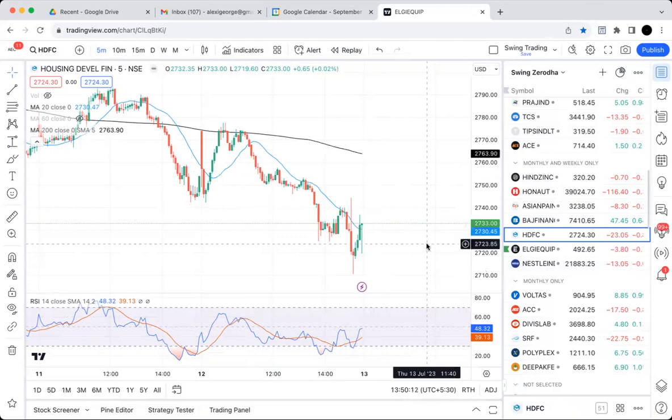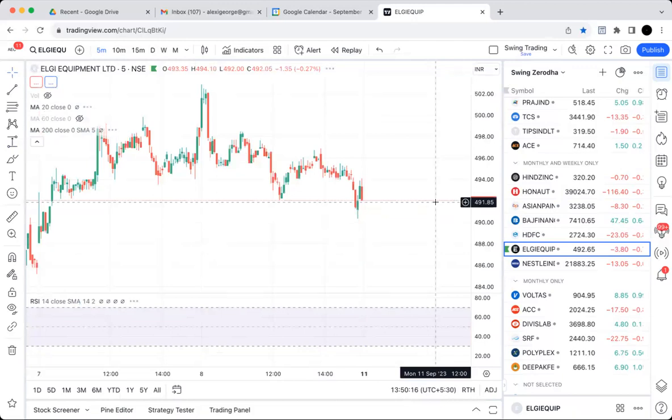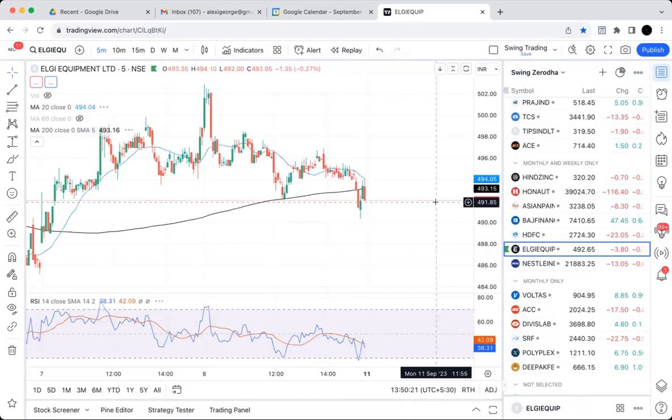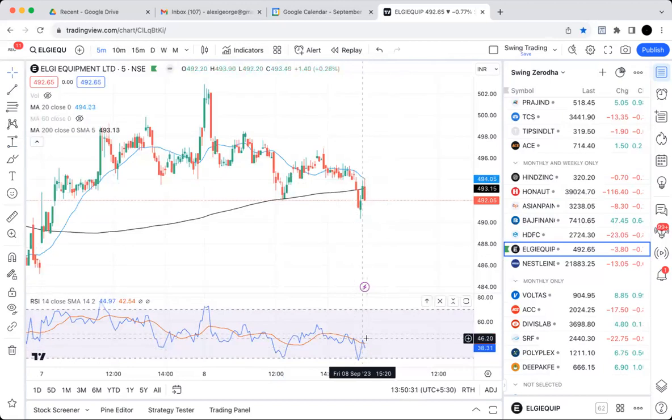All right. Next one, LG equipment. Okay. All right, the 20. And now this might be a good entry right here. Why? Won't it go down? Well, it could go down. But because the RSI is only halfway, there's still possibility for it to go up.